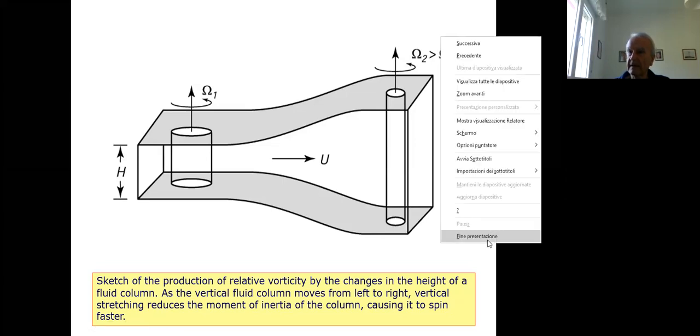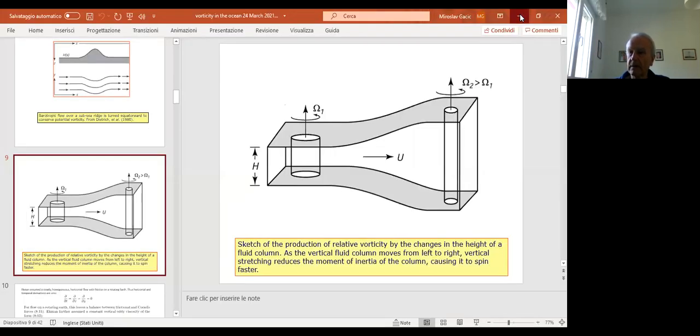So that's just to give you an idea of the importance of this spatial variability of the wind field.